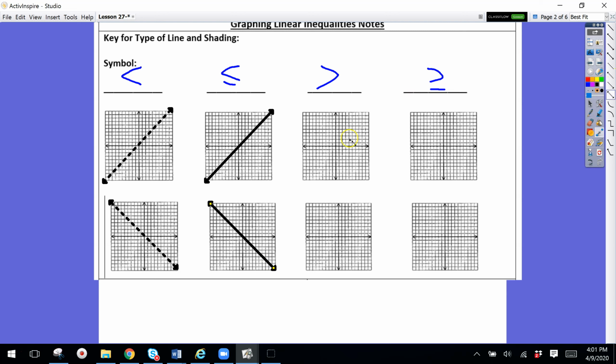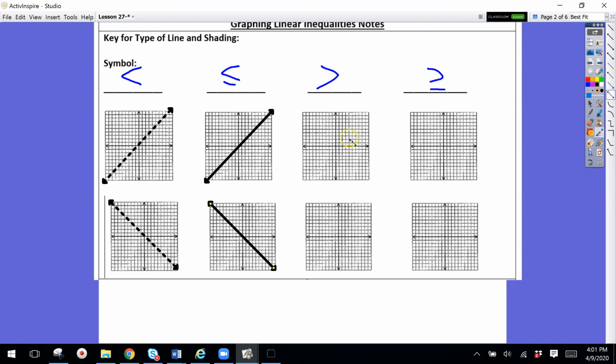So we're shading below our line. All right, now pick a point here. So let's pick an easy point, 0, 0, and just check that it works in your original. If I plugged in a 0 plus 3 times 0 is less than or equal to 6, well, all of this is 0. Is 0 less than or equal to 6? Yes, it's good.